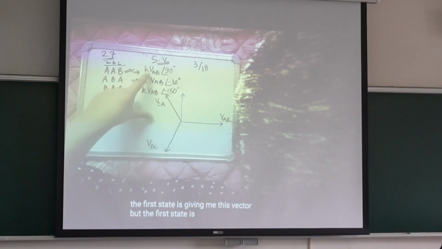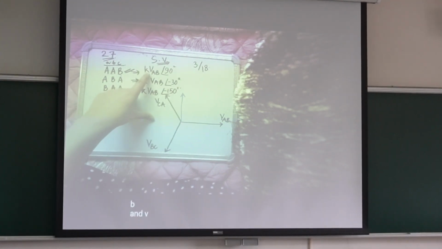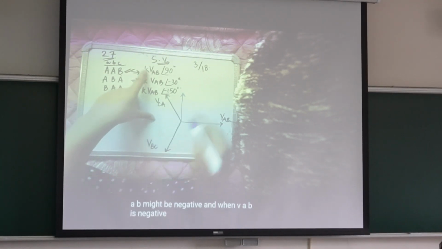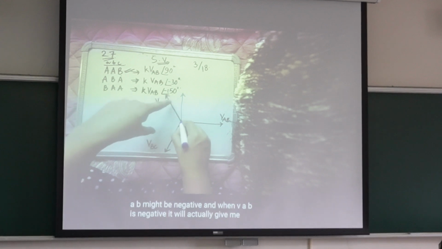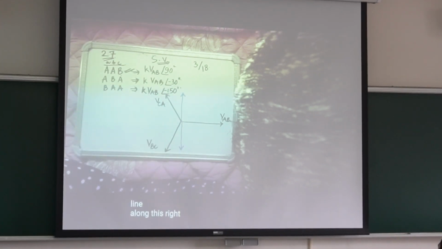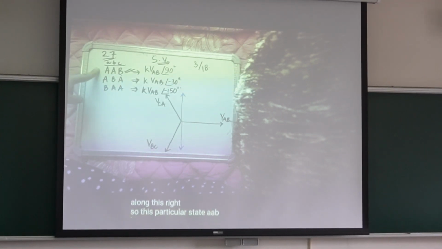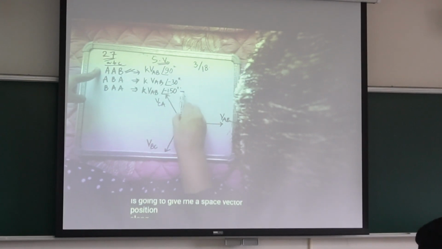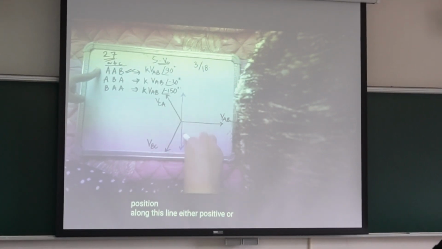The first state is a function of VAB, and VAB might be positive or VAB might be negative. And when VAB is negative, it will actually give me a line along this, right? So this particular state is going to give me a space vector position along this line, either positive or negative.